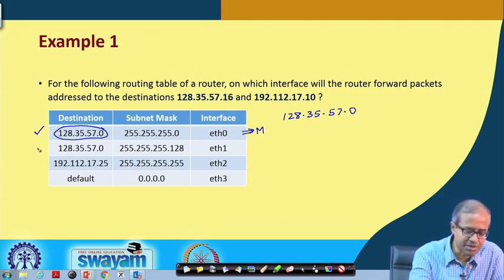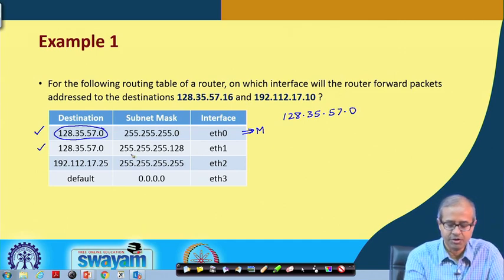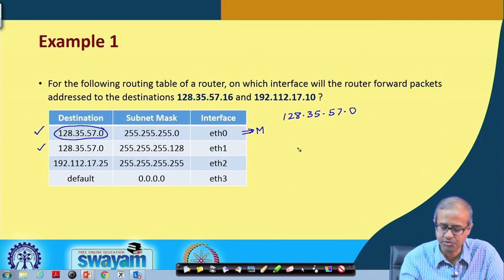Now, you similarly go to the second row and do a similar check. Look at the subnet mask: the first 3 are all 255, the last one is 128. This 128 means a single 1 in binary followed by 7 zeros.